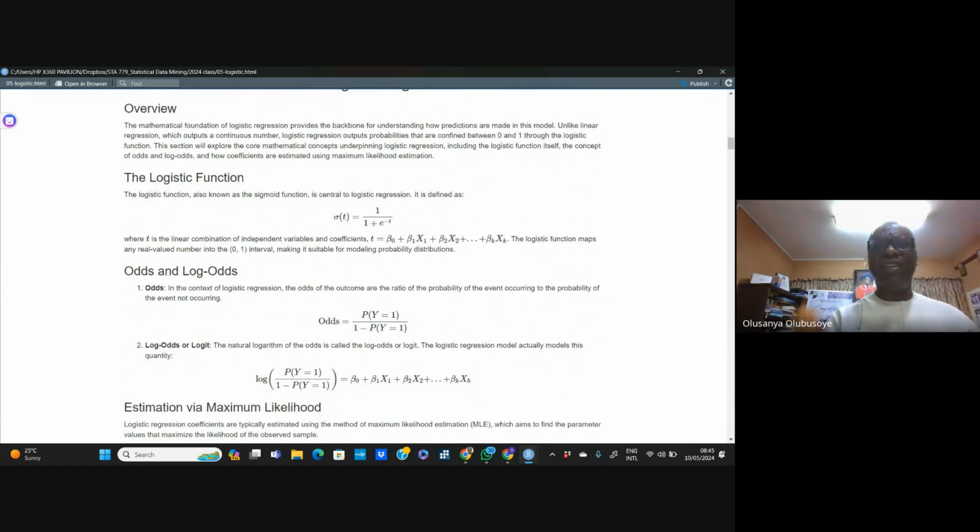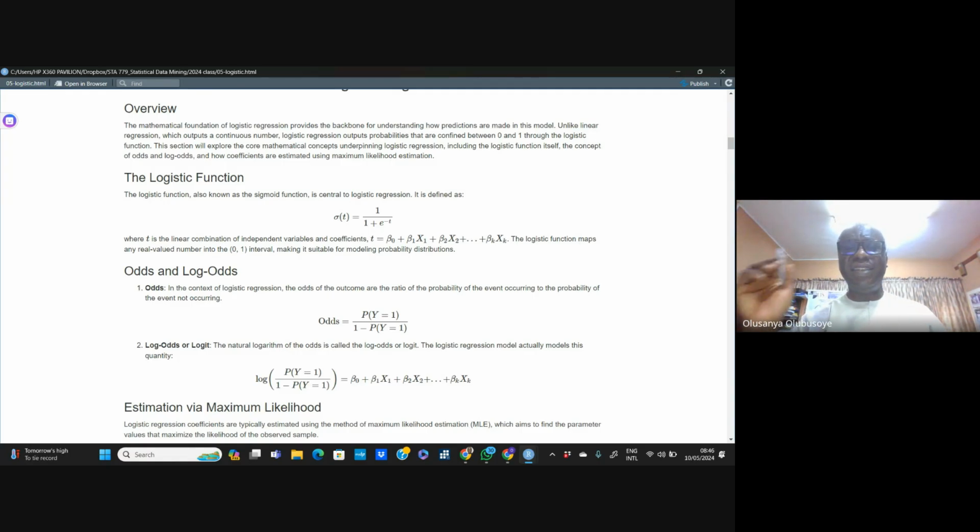This expression is the logistic function that I was trying to show you the other time, where sigma of t equals 1 over 1 plus e raised to minus t. That is the logistic function.